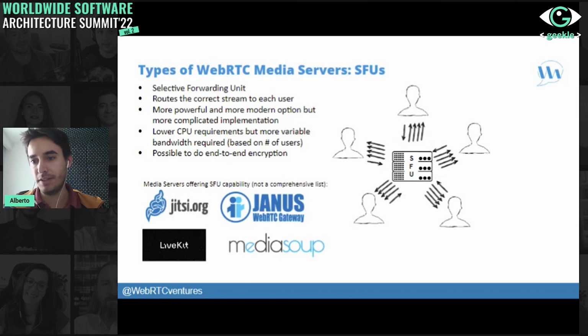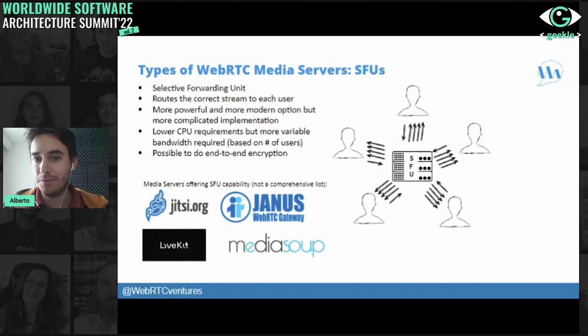In this case, you can see that we have as many downlink videos or audios as participants minus 1, but we will only have one video uplink. So this is like a middle point between a mesh network where you have as many connections as users almost, and the MCU approach where you have just a single stream.